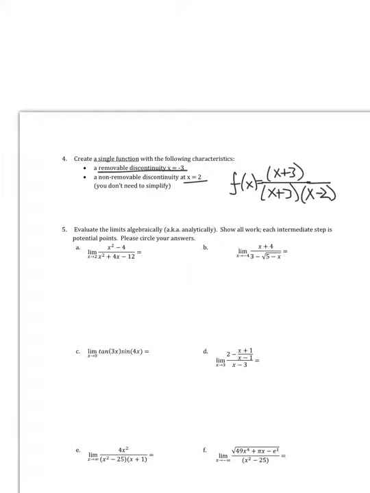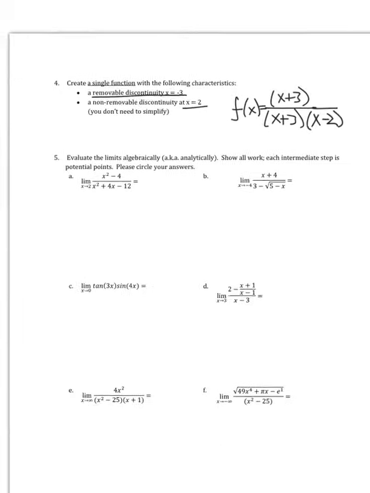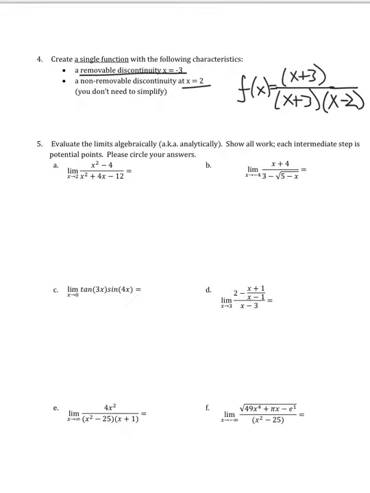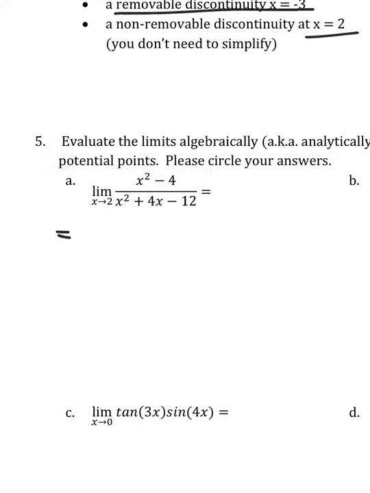All right, time for some algebraic limits here. We've got a few different types of limits. First, we have polynomial expressions here, rational functions with polynomials in the numerator and denominator. And so we want to factor. The key here is factoring.